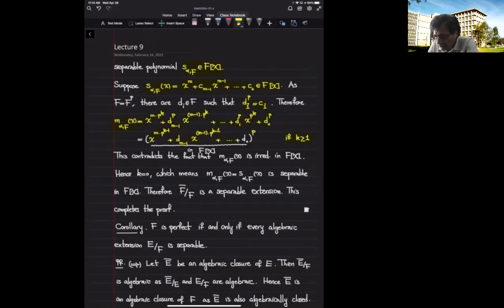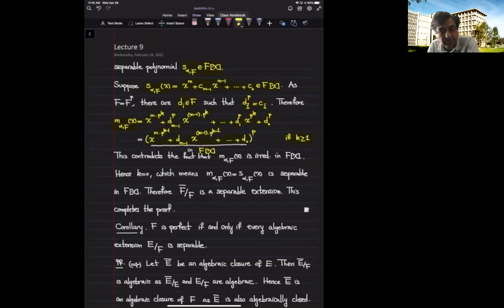Instead of d sub 0 to power p, I will just write down d sub 0. Remember, d sub i's belong to f. So the polynomial inside the parentheses itself is a polynomial inside f bracket x. So altogether, we end up writing the minimal polynomial as a polynomial inside f bracket x raised to power p.